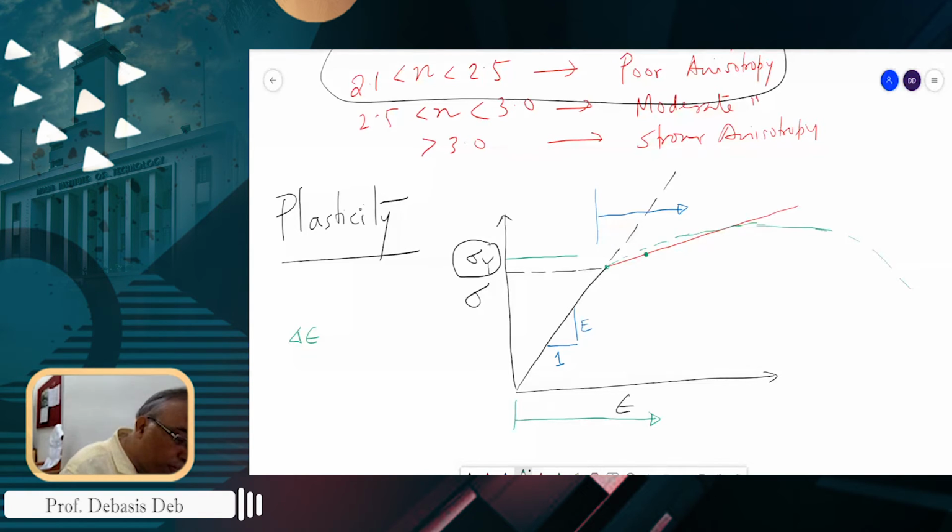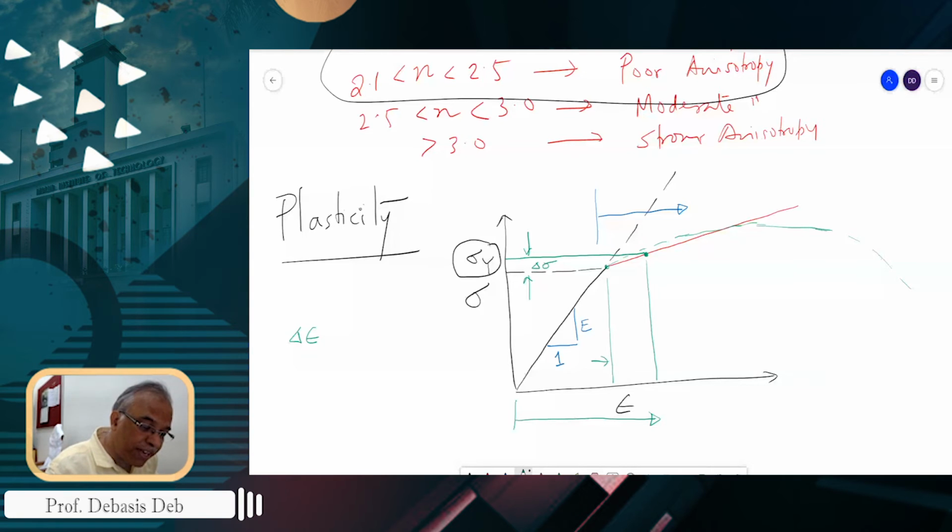This much is delta sigma after the yield strength. So if this much delta sigma is changed after the yield strength, the strain has increased from this point to this point.